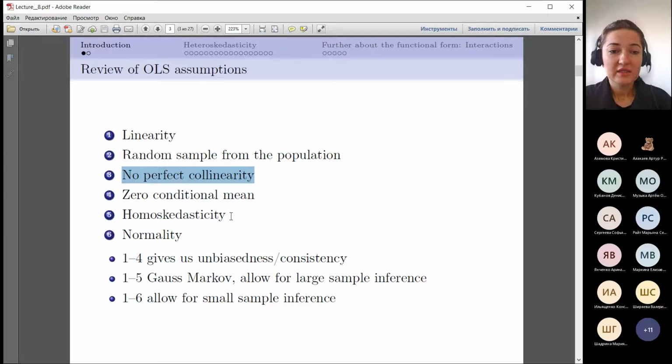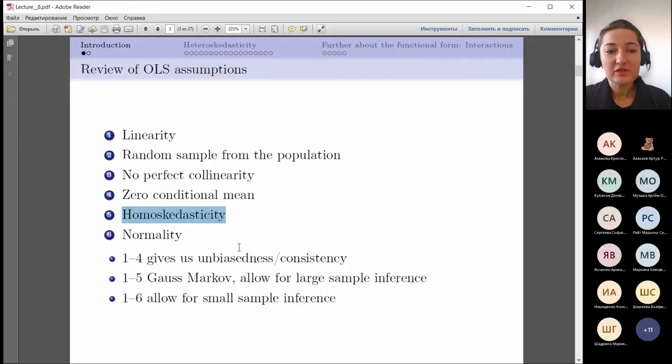So now let's take a look at the fifth assumption, homoscedasticity. You can notice that the minimal requirement for our coefficient estimators is that they should be consistent and unbiased.